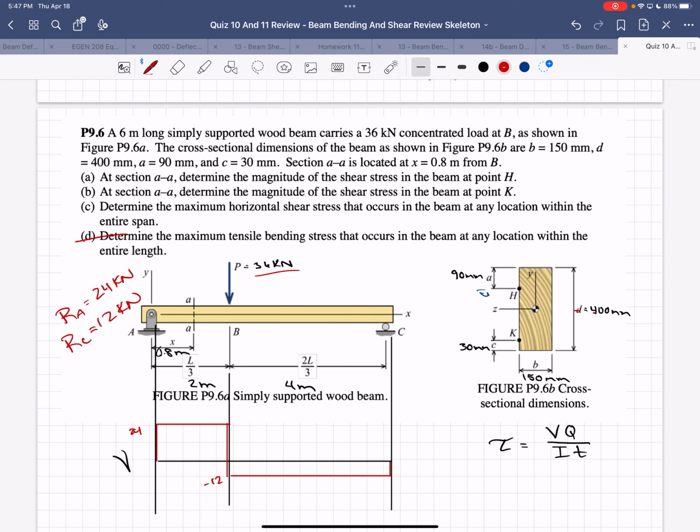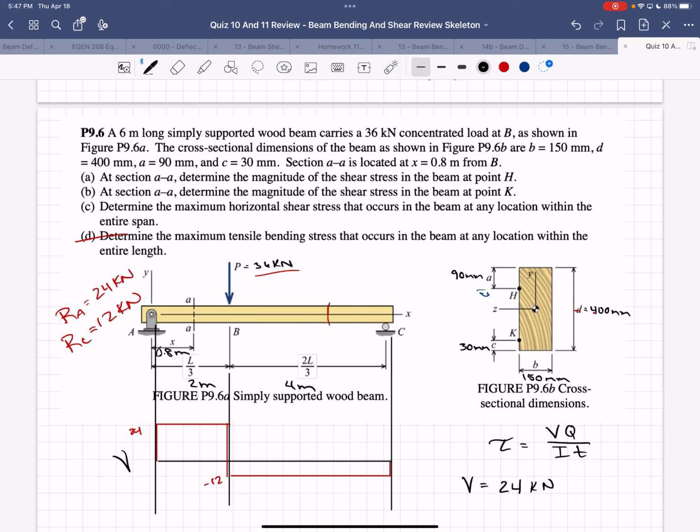What if it was the maximum shear stress in the beam? What would you pick? Still 24. Good job. The only way you'd pick 12 is if they picked a point over here. Cool? So we know V equals 24 kilonewtons.